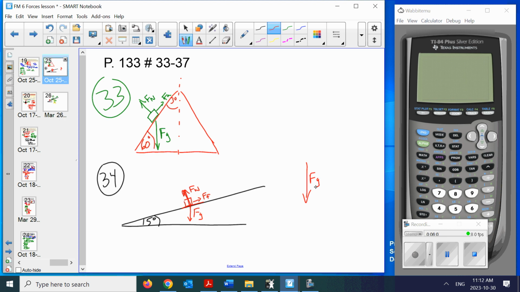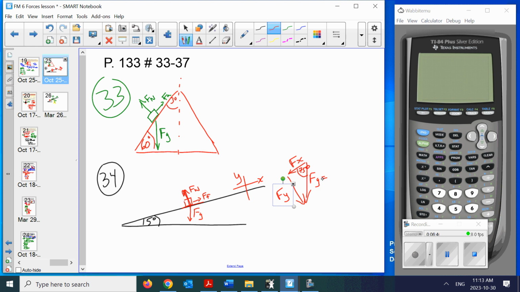0.44 kilograms. Okay. I'm going to call this the X and the Y axis. We've got this force, Fx, Fy. And if that's 15 degrees in the small angle, then 90 minus 15 is 75 degrees right there. Okay?